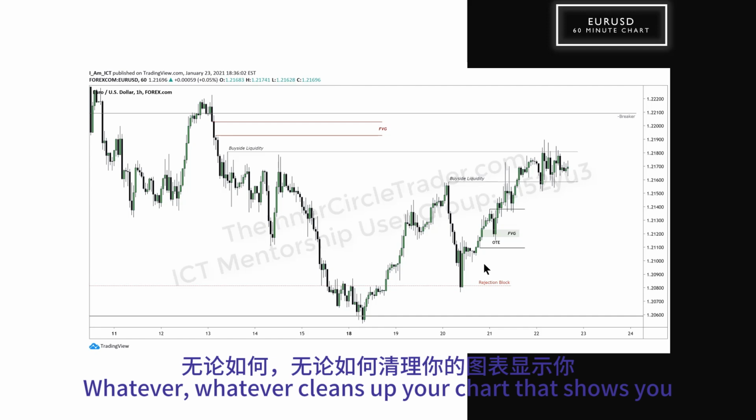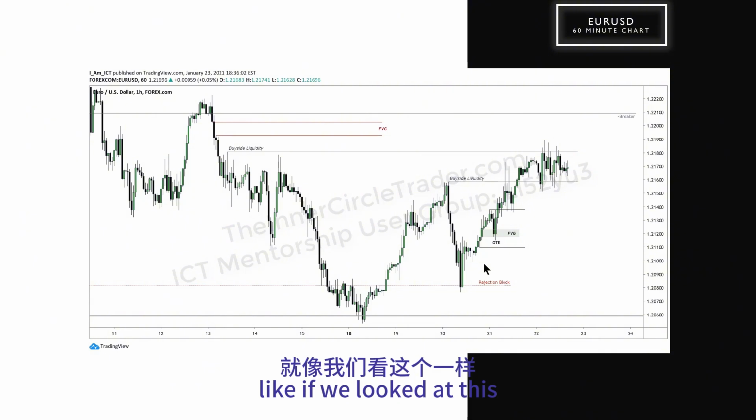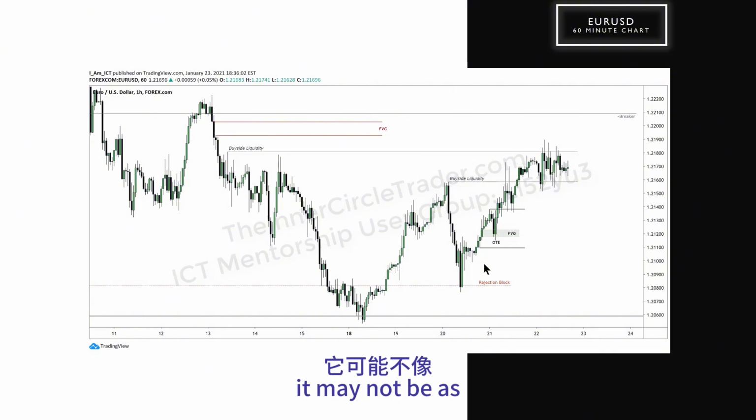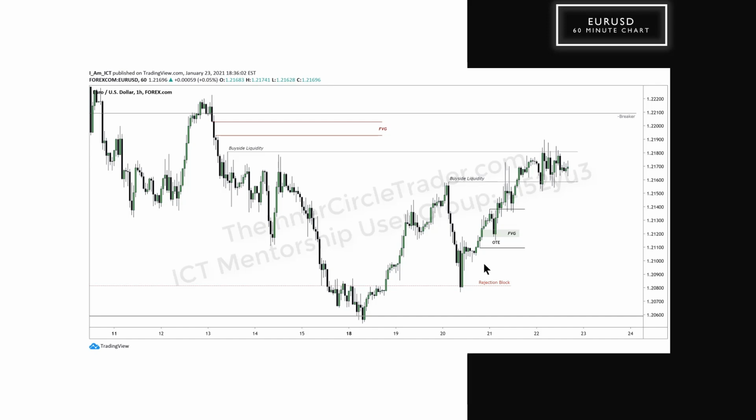Whatever cleans up your chart that shows you very obvious PD arrays. Like if we looked at this 15-minute time frame in the next slide, it may not be as clean or nice as a 45-minute chart or a 20-minute chart.